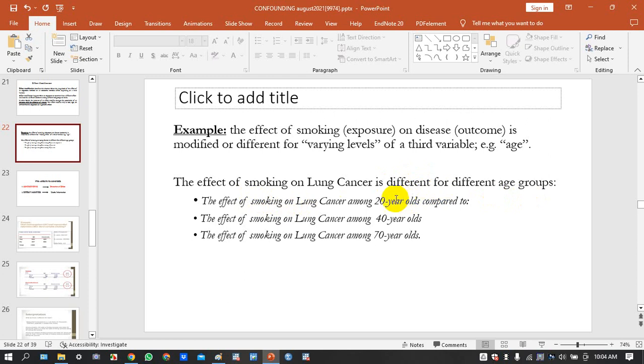But children, the youth, when they smoke, they don't get lung cancer immediately, like those who are 40 years and 70 years. At 70 years, your immune system is compromised. When you smoke, you are even at risk of hypertension. When you smoke at 70 years, you have a high likelihood of getting lung cancer compared to somebody who smokes at 20 years, because 20 years hasn't gotten any correlation with age.